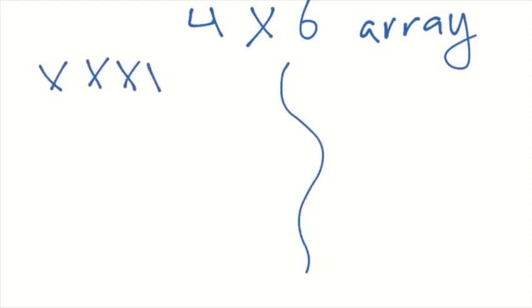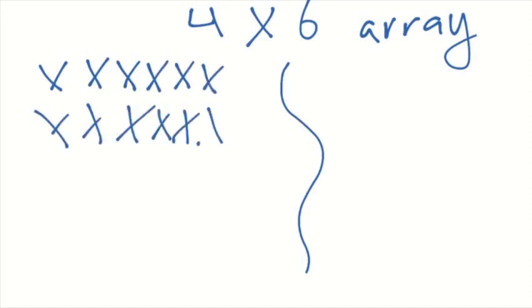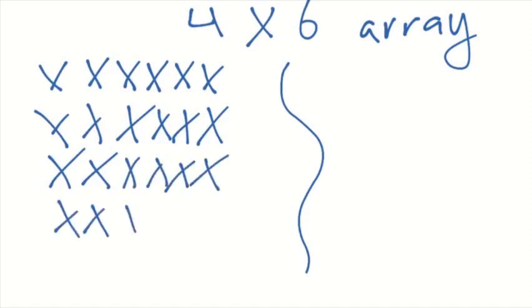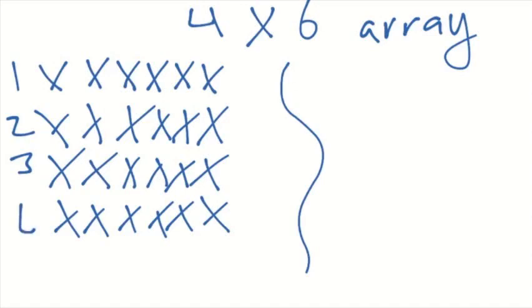So 1, 2, 3, 4, 5, 6. But you also have them use the manipulatives, and you set them up in an array with 4 groups, 4 rows, and 6 columns.